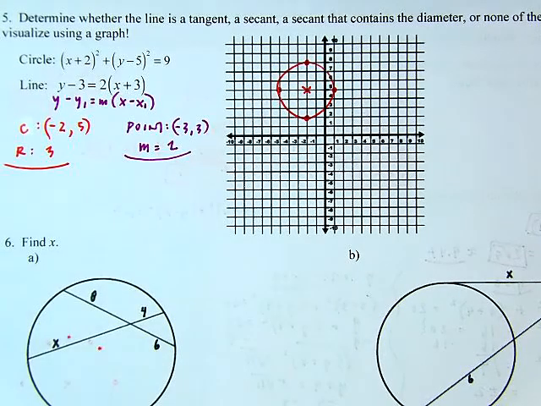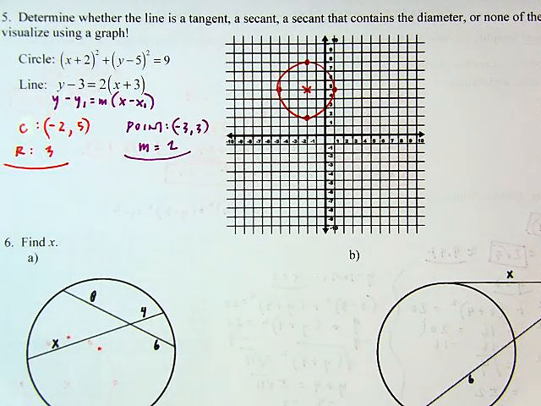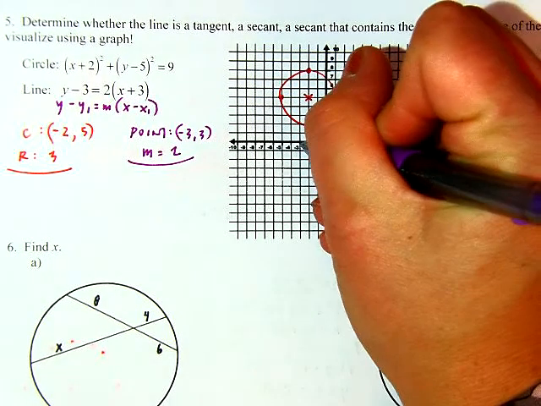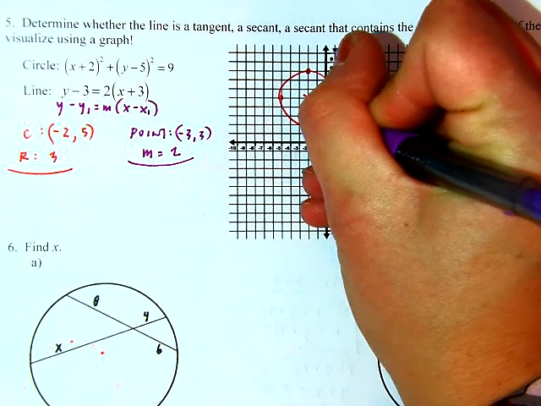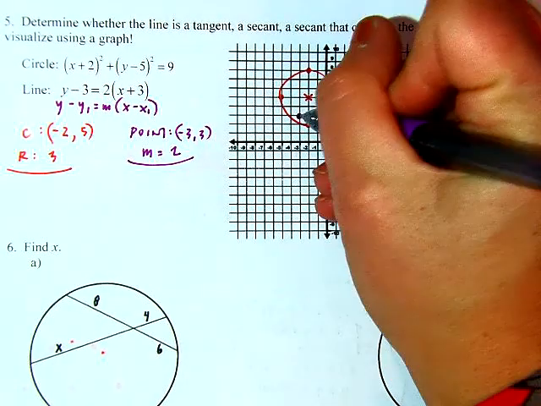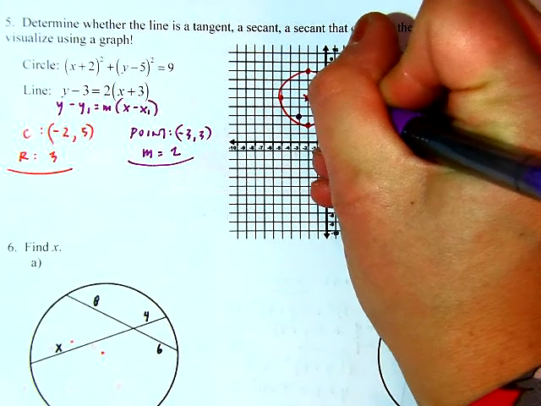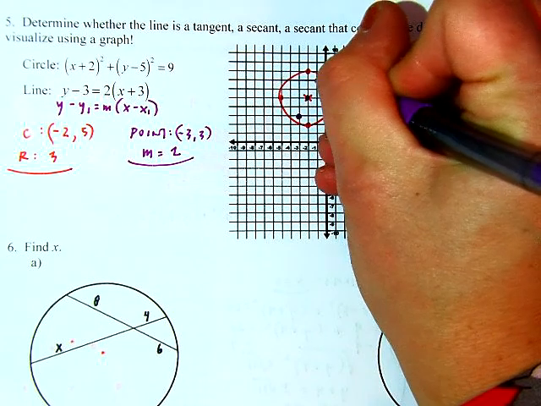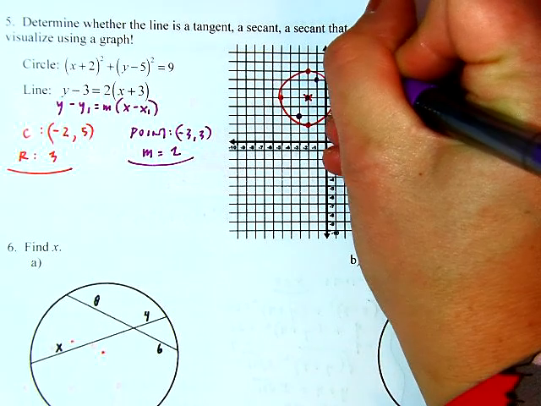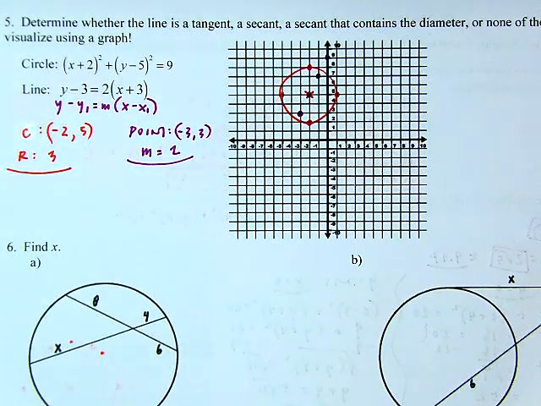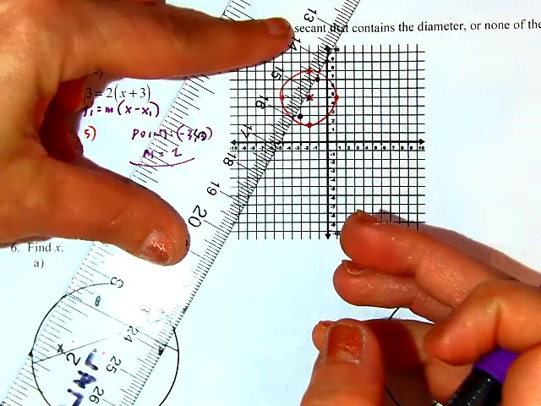All right, so if I plot a point at -3, 3, right here, and then my slope is 2, I'm going to go up 2, right 1. Oh, look, it passes through the center. Up 2, right 1, and just continue with that pattern. Then here we go.